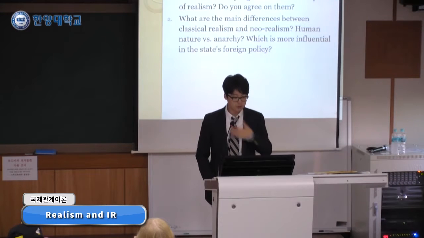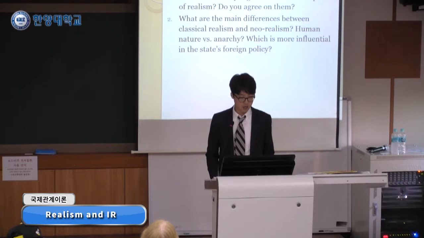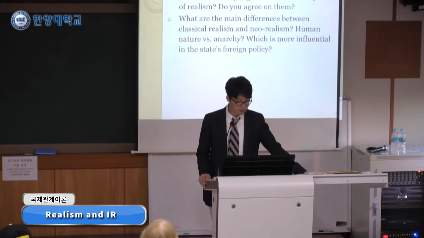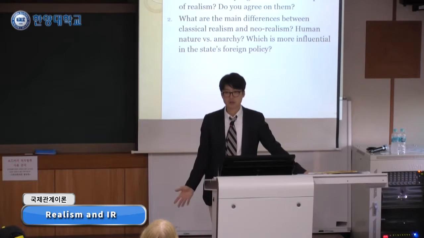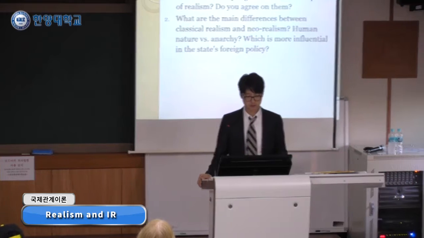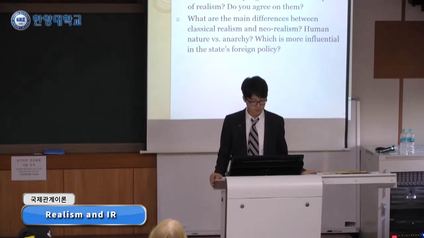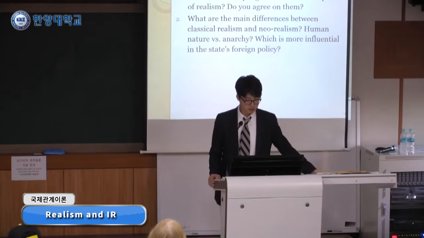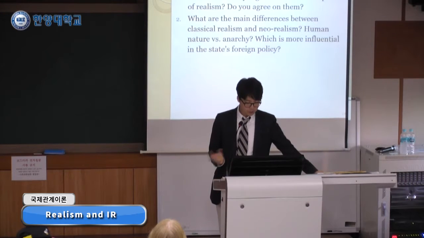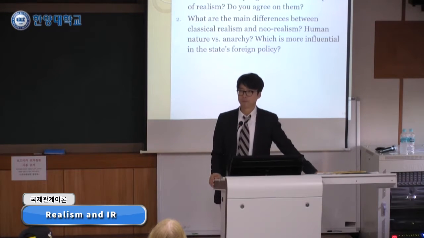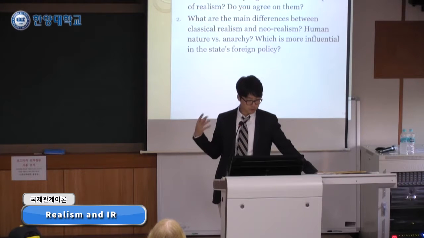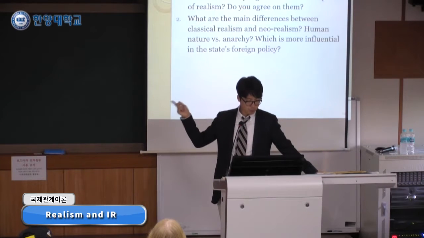And the second question is this, and I'm pretty sure by now you are already fully aware of the main differences between classical realism and neorealism. So just go over it quickly. And a related question is this. Classical realism and neorealism could be, roughly speaking, summarized in terms of the following analogy.